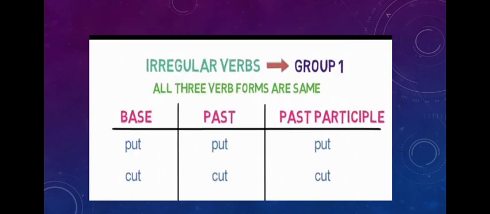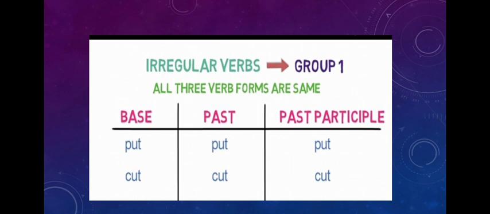Okay, irregular verbs in group 1, like we have done for regular verbs, it is divided into three forms of verbs. So here the first group is all three verb forms are same. So all the three forms of verb will be same, be it in present tense or base form or the past tense or the past participle.